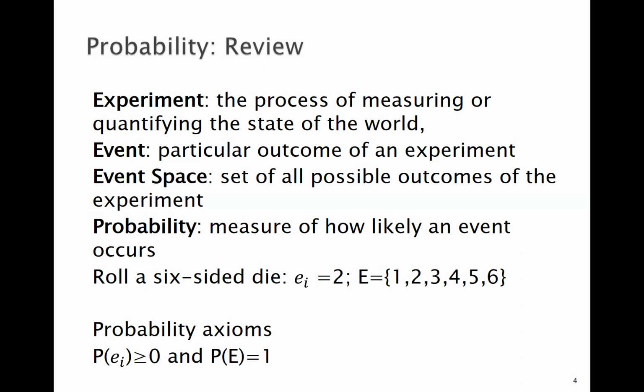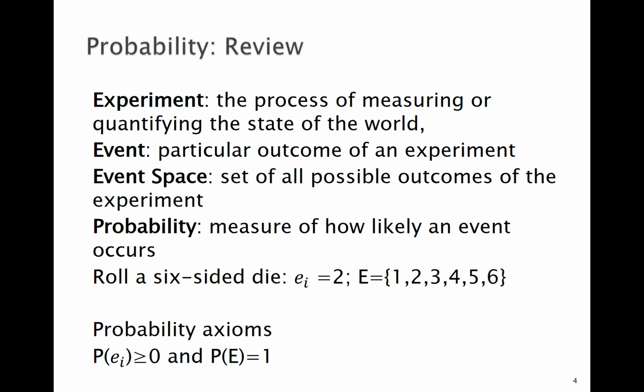Let's say I roll and we get 2, so that's an event. Probability is about how likely this event occurs, and apparently, if we consider the event is 2, that's going to be 1 over 6.